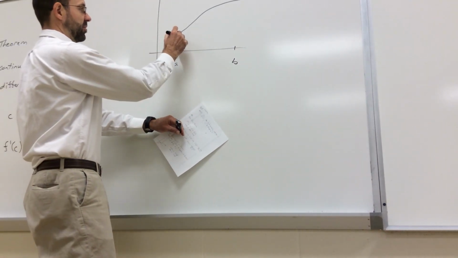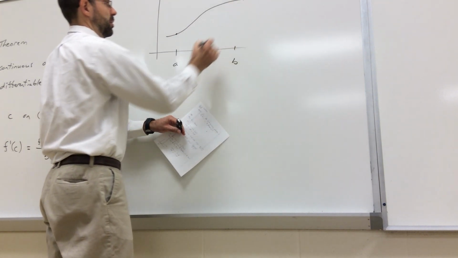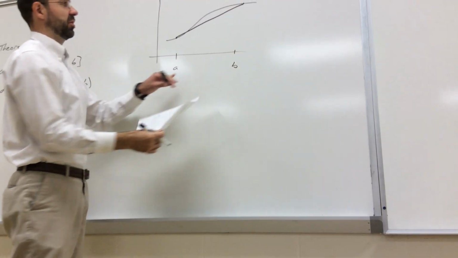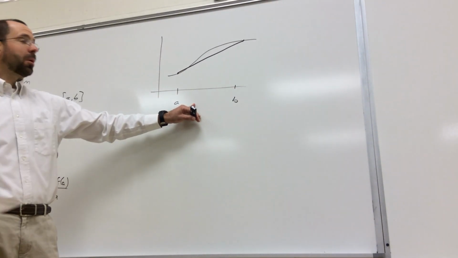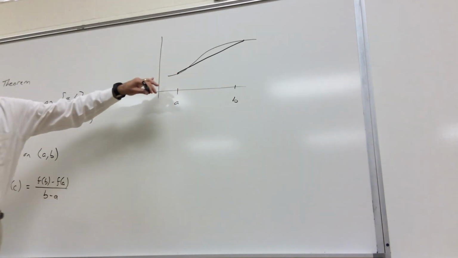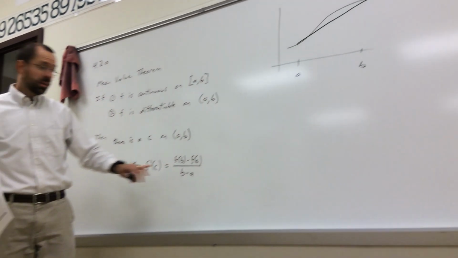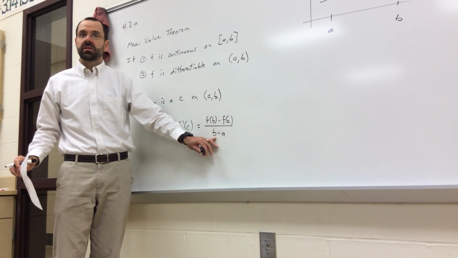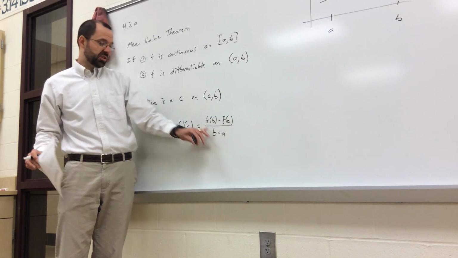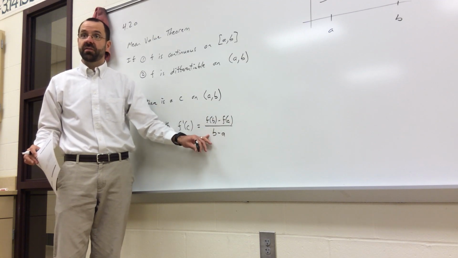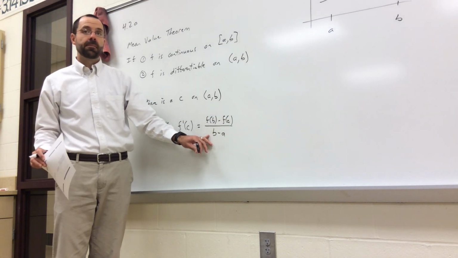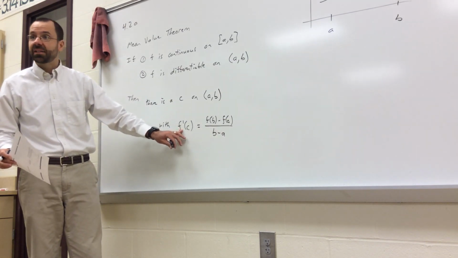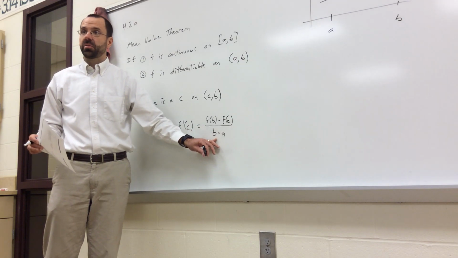So we need to look at the average rate of change between A and B. So it's the slope between those 2 points. The slope of that line that I just drew is this number right here. This is just y minus y over x minus x, right? Average rate of change. Okay, so apparently, according to this theorem, there's a place where the slope at C is equal to that slope.